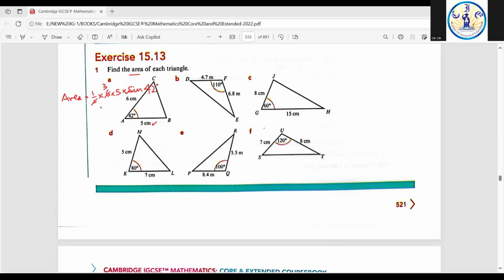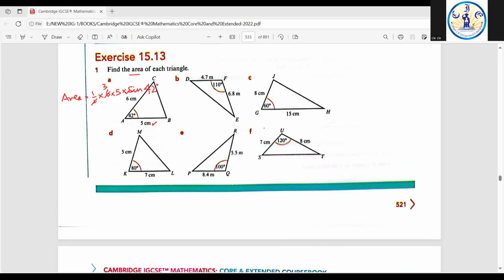So we can apply the formula. It can be used by the use of a calculator. So let me take out the calculator so that we can calculate it.